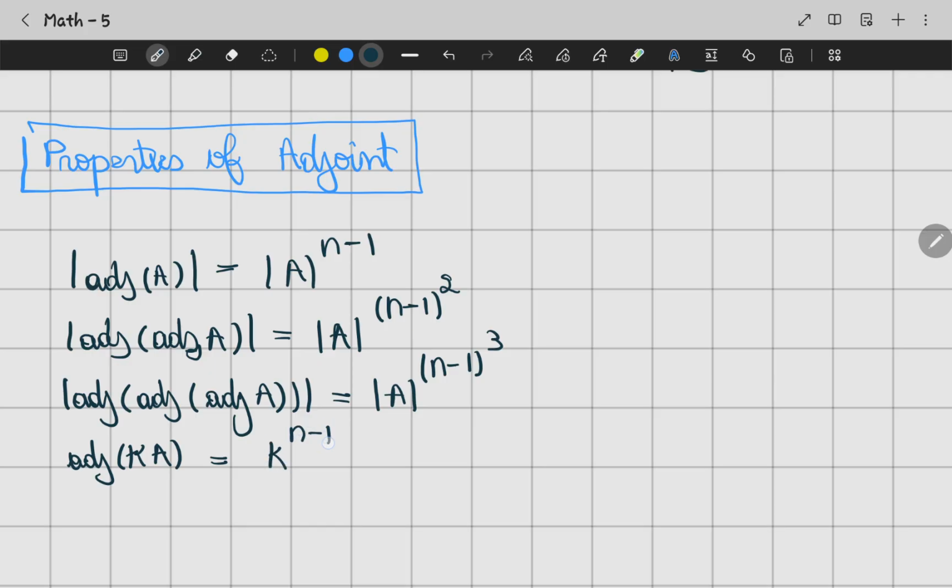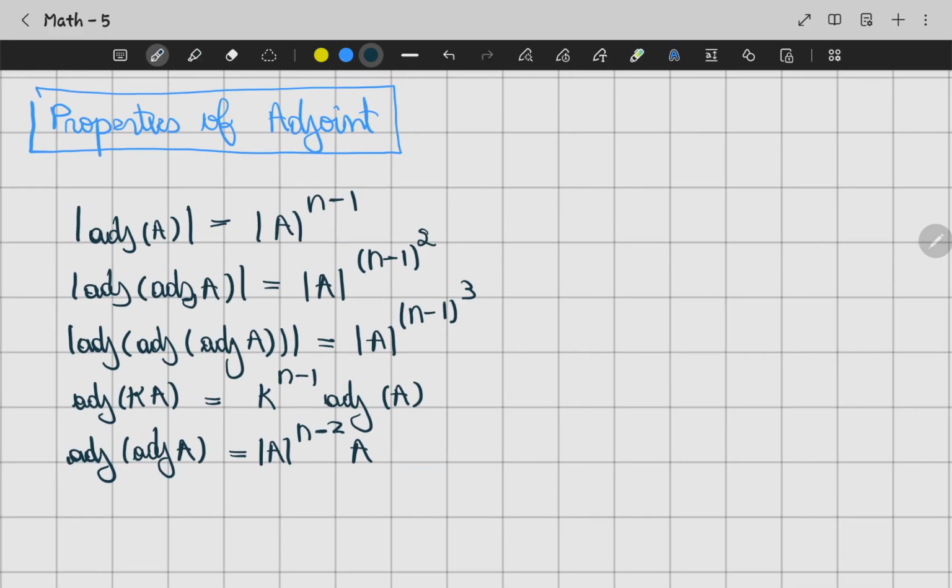It's going to be the constant to the power of n minus 1 times the adjoint of A. And then let me give you something else, for example this, which will give us A to the power of n minus 2 times A. Let me give you one more, the inverse equal to A to the power of minus 1.